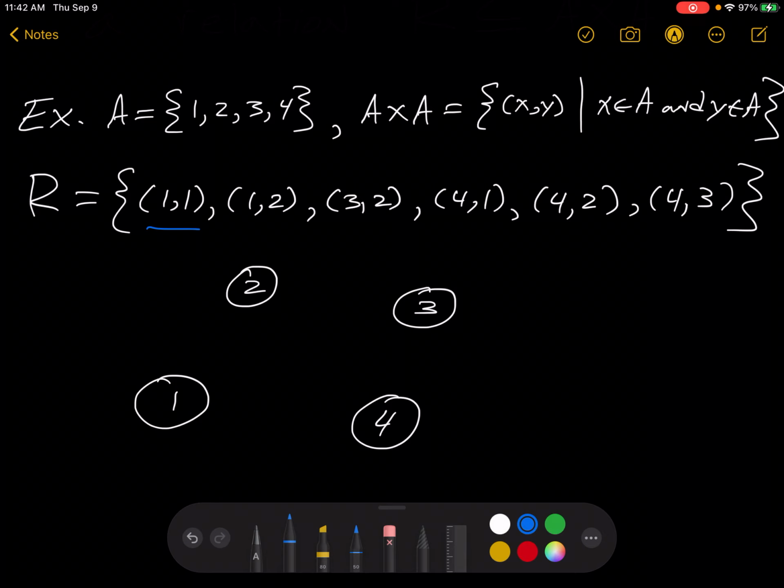The point (1, 1) is in our relation. So (1, 1) in R means that 1 is related to 1. And the way we indicate that with a directed edge is an edge from 1 to itself, a self loop.